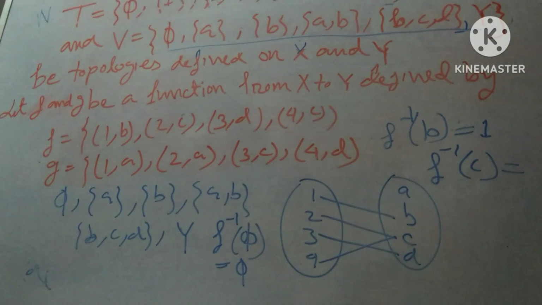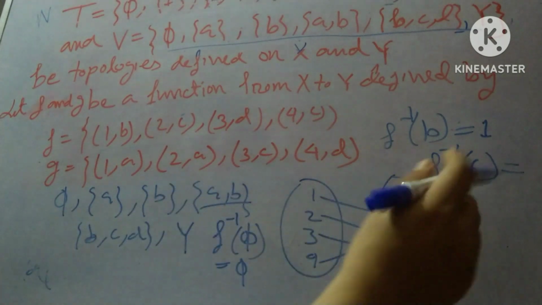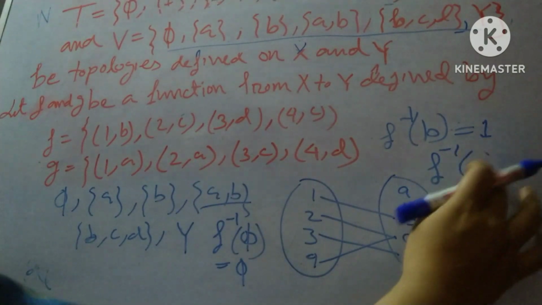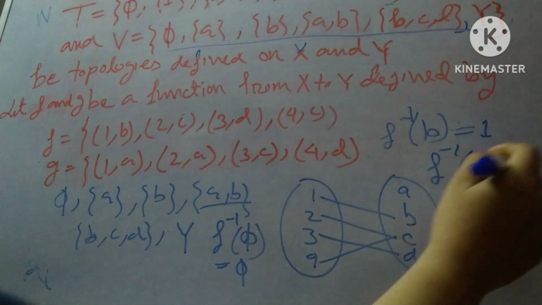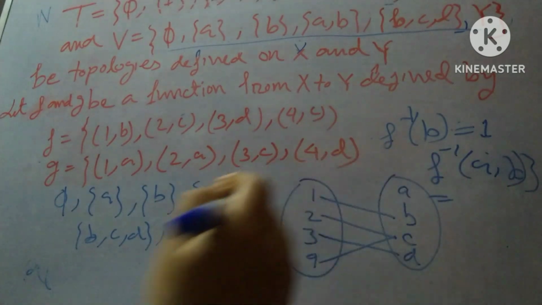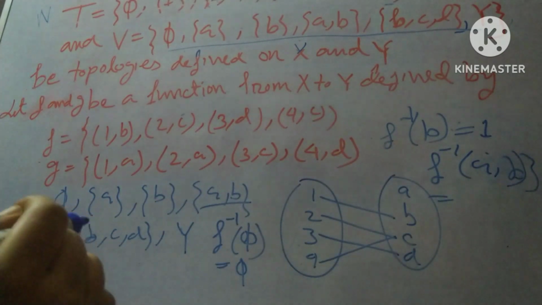Okay, F inverse of {A, B}, because you must remember {A, B} is my set, so it is {A, B}.